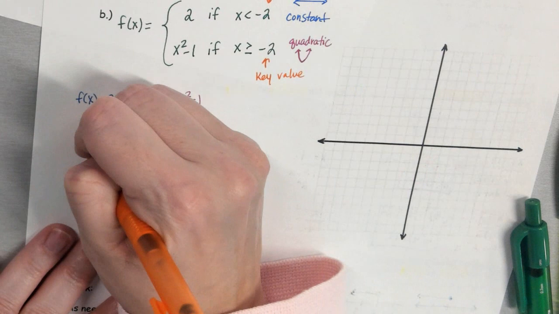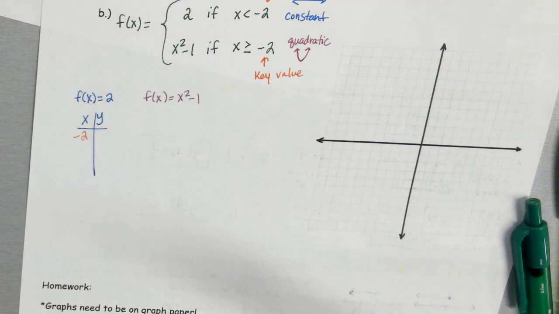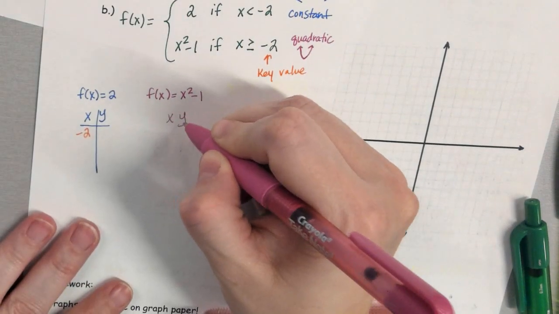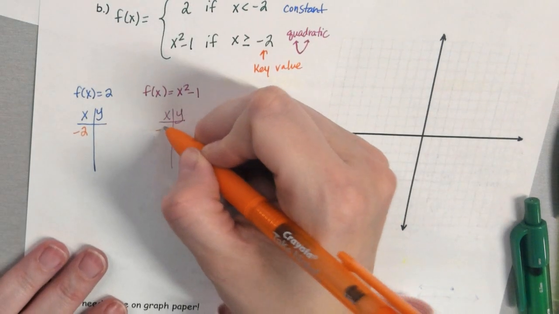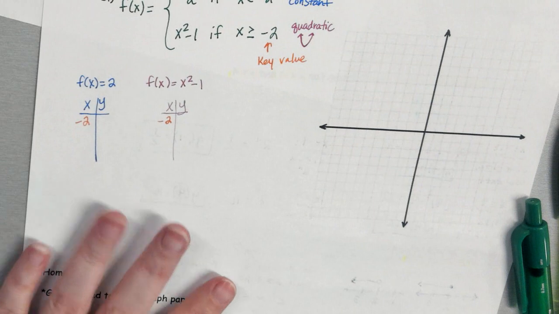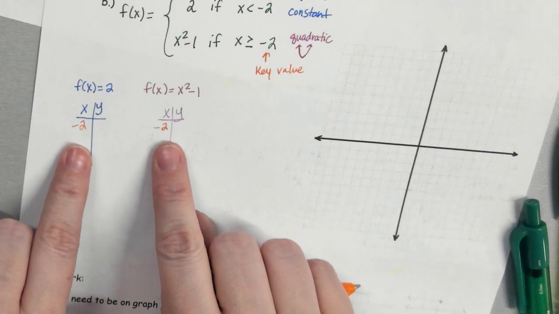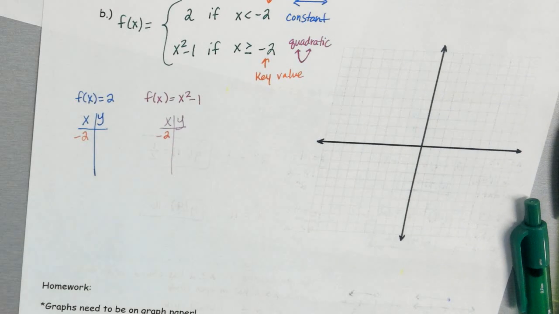So that means negative 2 has to go on both of your tables. So usually I put that in first, so I know, hey, I got to have negative 2 on both. Okay, you have to have the key value on there. The other values, you can choose what they are as long as they're in the interval.